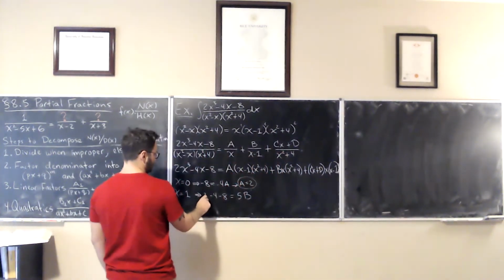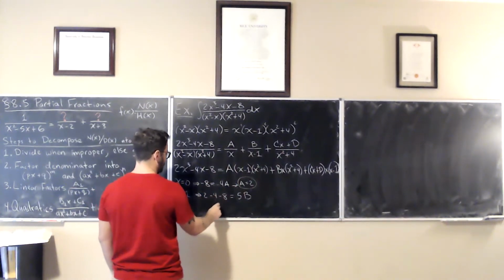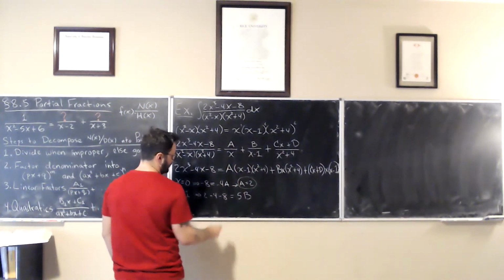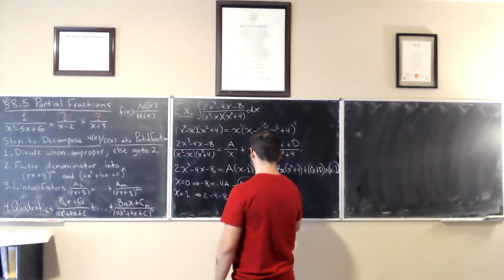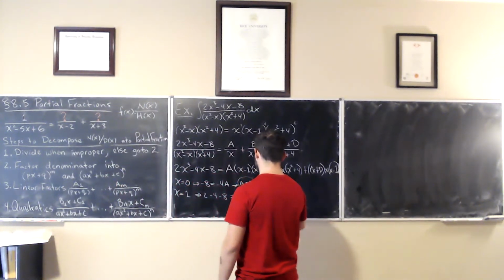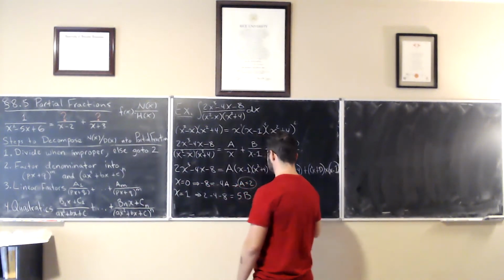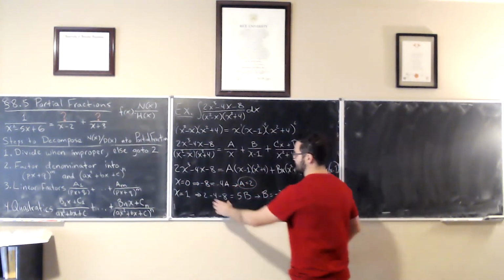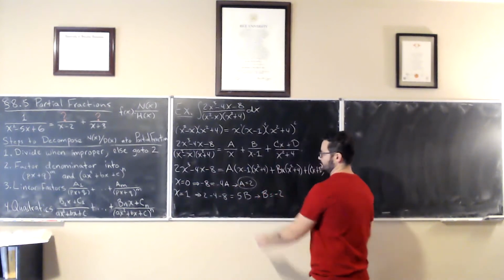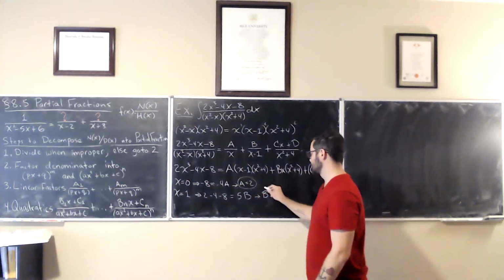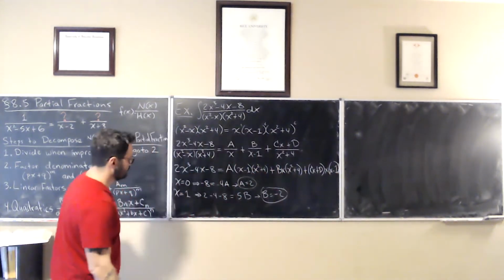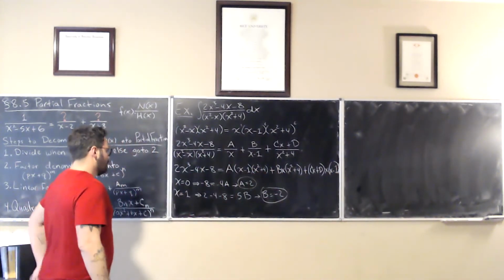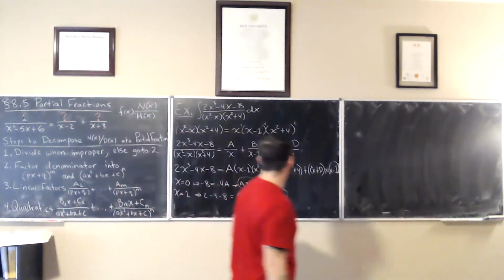So this becomes negative 2 minus 8, so negative 10. So then that means that b is equal to minus 2, because this side would be negative 10. So that means that b is minus 2. Okay, all right, so now we're almost there.